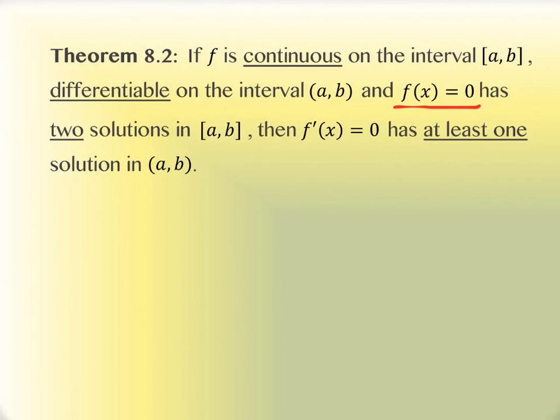The y value is 0. So we're crossing the x-axis twice. Then f prime of x equals 0 has at least one solution in AB. And again, this right here is talking about slope. The slope is 0.